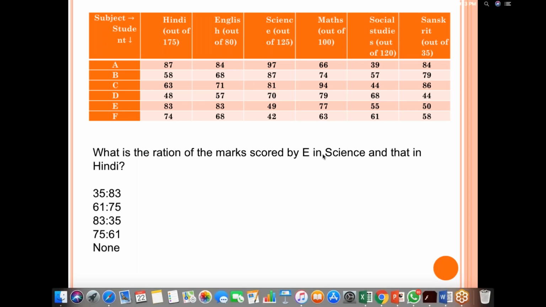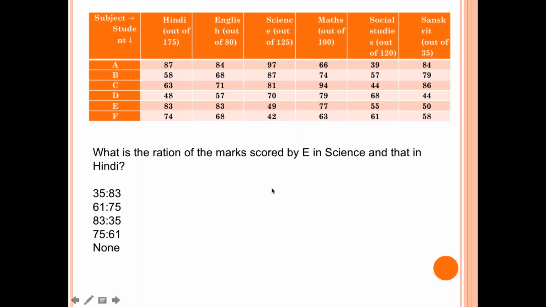See, E in science is how much? 125 is 49%, right? To E in Hindi. E in Hindi is 175's 83%. Now first you see, it is out of 175 and it is 80. It is out of 125 and it is around 50%. So obviously these three answers are wrong.